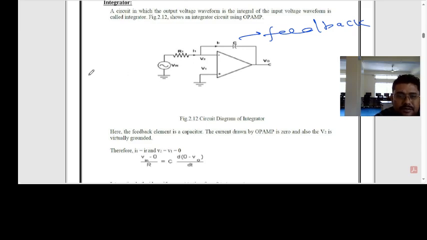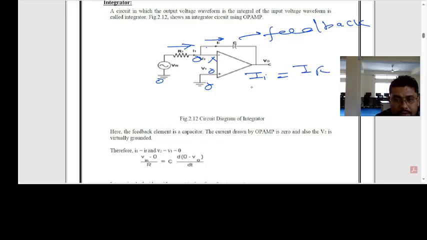Again, we will derive this equation. Here is 0, so here is also 0, using the virtual ground condition. No current flows into the op-amp, so whatever current flows here, the same current flows through the feedback. Suppose I1 equal to IF.